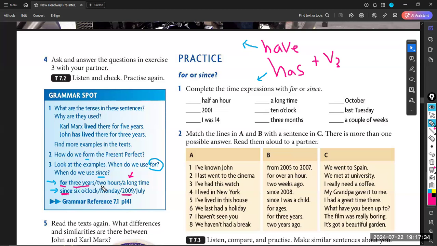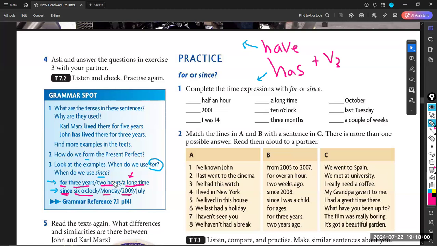Notice that if I want to say 2 hours, but I don't remember the exact time, this is why I use for. But if you remember the exact time, like 6 o'clock, 5 o'clock, 8 o'clock, you have to use since. Notice that if I want to say for a long period of time, I don't remember the day, maybe Sunday, Monday, Tuesday, or maybe I don't want to specify the day.